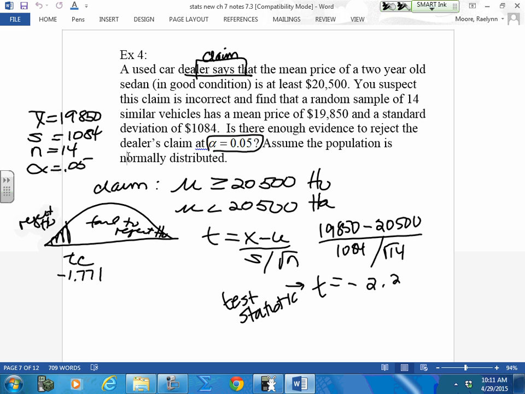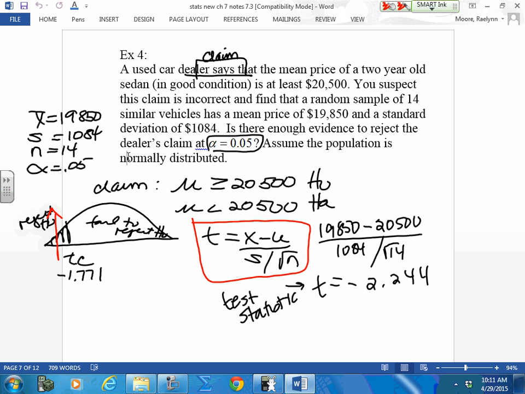Thank you. Okay, now, this is a t formula. Well, it works the same way. Now, we take this and we compare it to this guy. Is it to the left or to the right of negative 1.77? To the left.